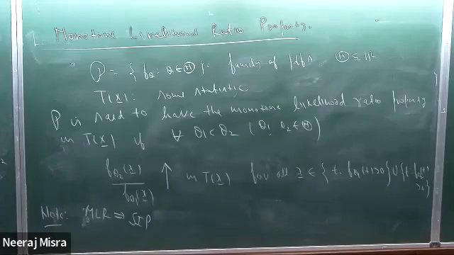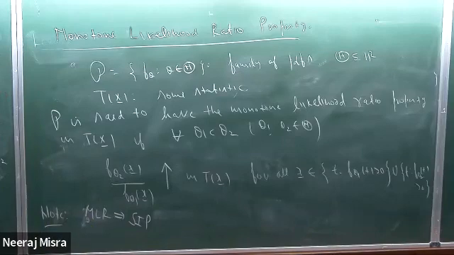Now, if you have an MLR property, what can you say about the expected value of T(x) under theta 1 and theta 2? So I have E theta 1 T(x) and E theta 2 T(x). Which one should be larger? E theta 2 T(x) would be larger, right? Because I know that MLR implies SIP. If there is a SIP, larger values of T correspond to larger values of theta.